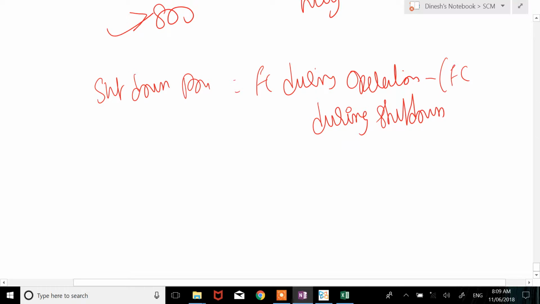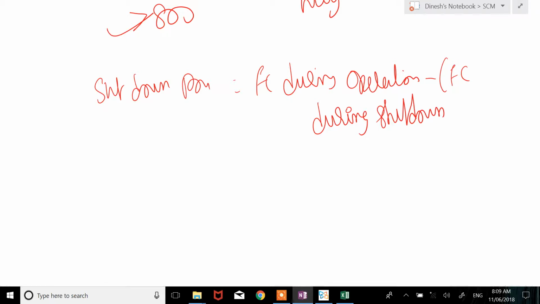Even if you shut your operations, you'll have to incur fixed cost. So that is 2 lakhs. This 5 lakhs minus 2 lakhs is technically called relevant fixed cost, because that is only avoidable. The balance 2 lakhs, which I'm going to incur in shutdown also, is technically an irrelevant fixed cost, because whether you run the company or you shut down the company, you will continue to incur that amount.